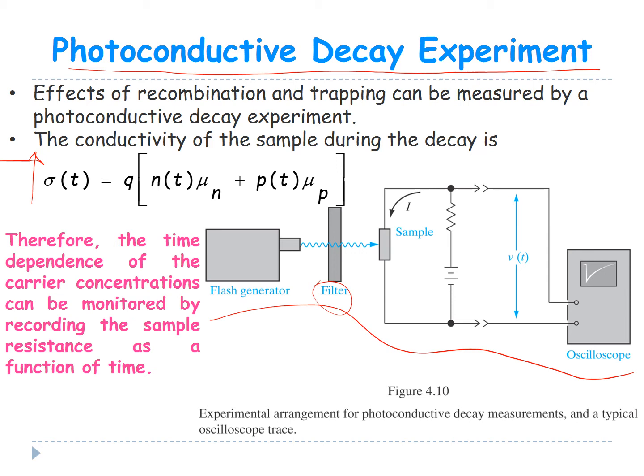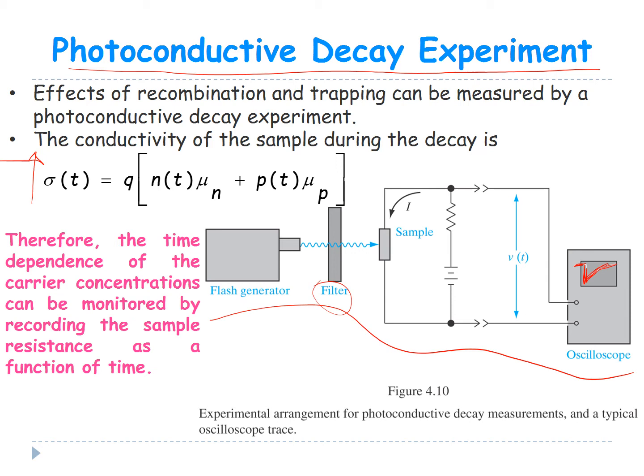You can see that when there is no light, the voltage is very high, but when you pass light, you get a lower voltage, and when you turn off the light, the voltage will start rising again to match the initial condition.